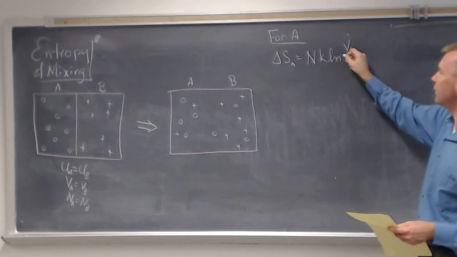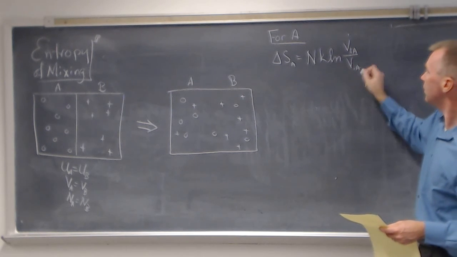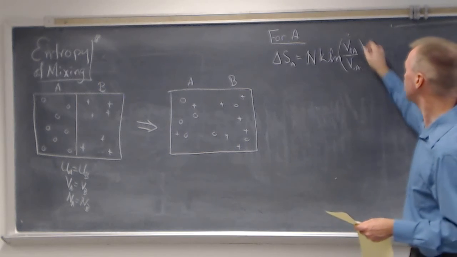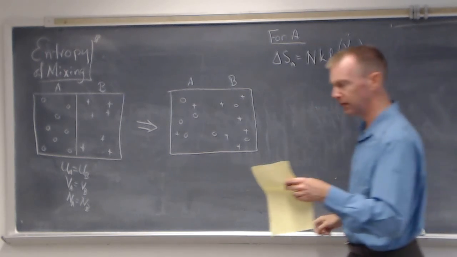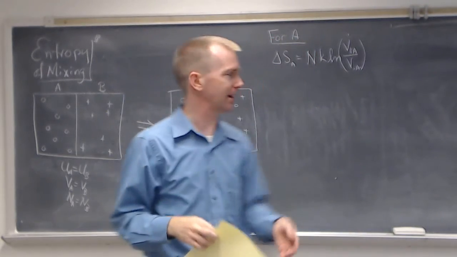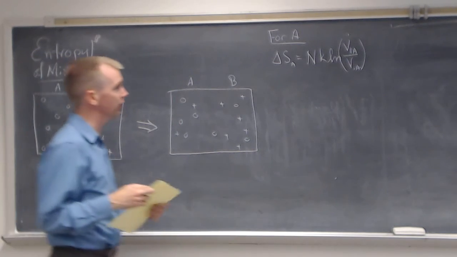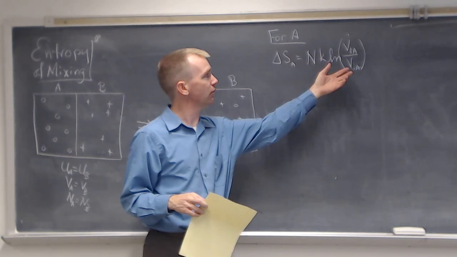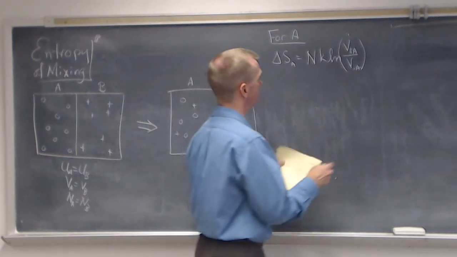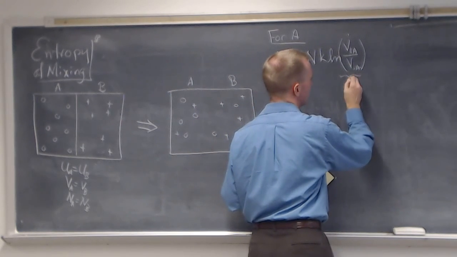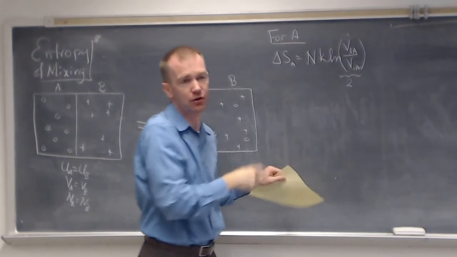So I've got V final A over V initial A. Okay. If we had the barrier right down the middle, so that A and B each had the same volume to begin with, the final volume is twice the initial volume. So V final over V initial is 2.